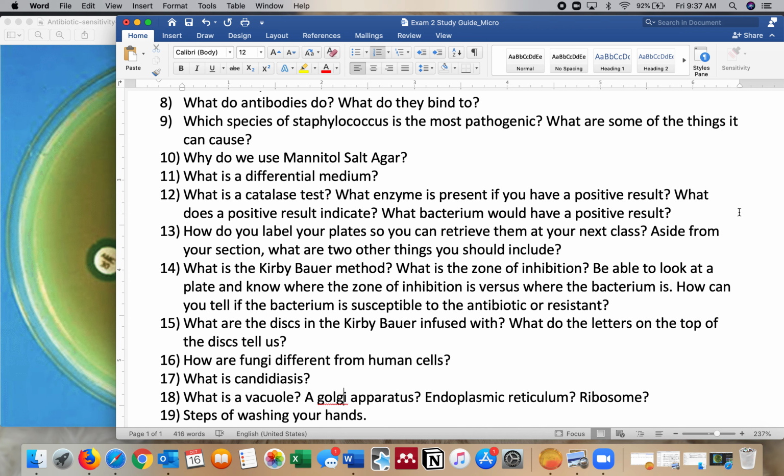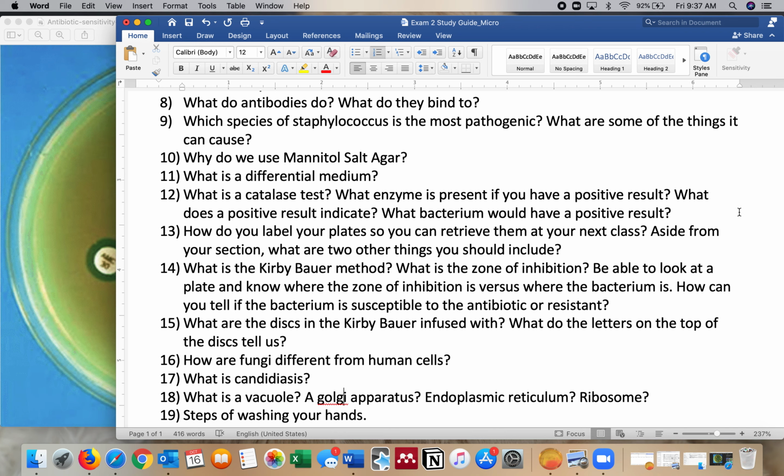Remember that they can bind to 2 different things, one thing on each side of the Y, right? And when that happens, it causes clumping called agglutination. So antibodies bind to things that the body considers pathogenic. Okay.